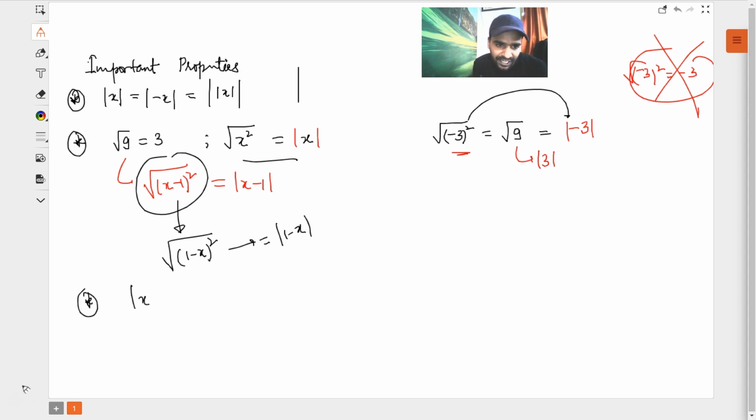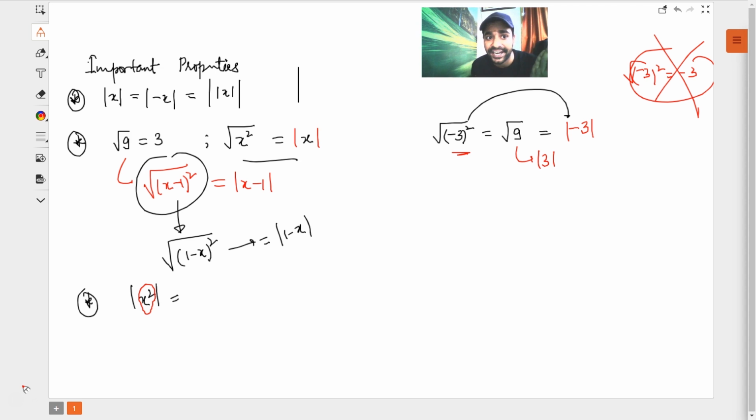If I'm writing modulus of x square, I know that x square is always greater than or equal to 0. If I'm taking a square of any real number, will it be non-negative or not?